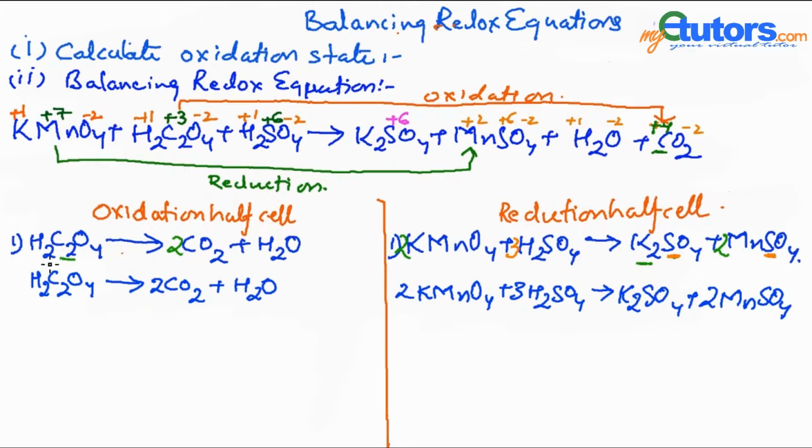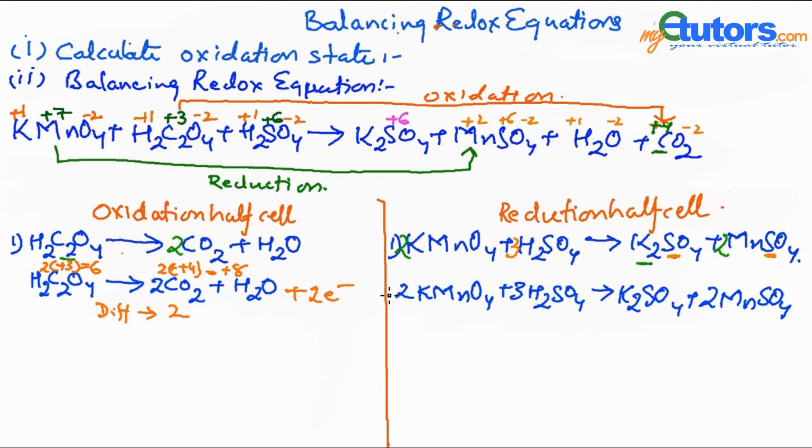Rewriting the above balanced equation again, we now calculate the collective oxidation state of the element which is getting oxidized or reduced. The collective oxidation state means the oxidation state of the total number of atoms of the element present on the reactant side, and of the total number of atoms getting oxidized or reduced present on the product side. For example, in oxalic acid there are 2 carbon atoms.